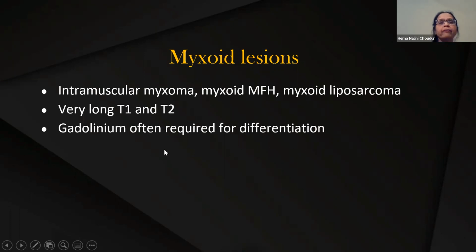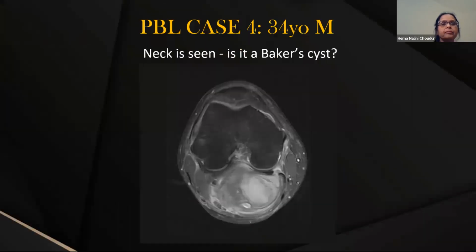But always in every complex Baker cyst, put your Doppler. If there's Doppler flow and you can see a communicating neck, you know that you have to do an MRI with gad to rule out a more sinister etiology. So this is how you'd arrive at imaging the complex Baker cyst to not miss sinister pathology.